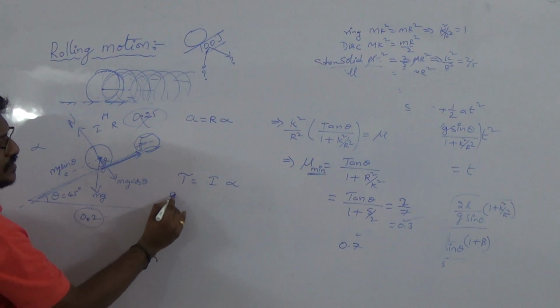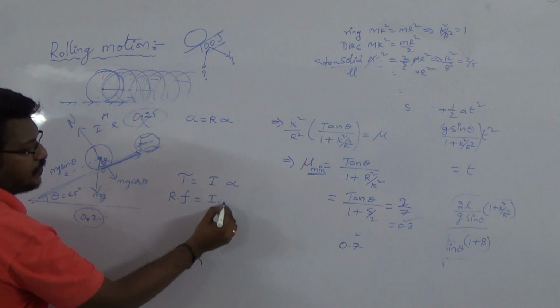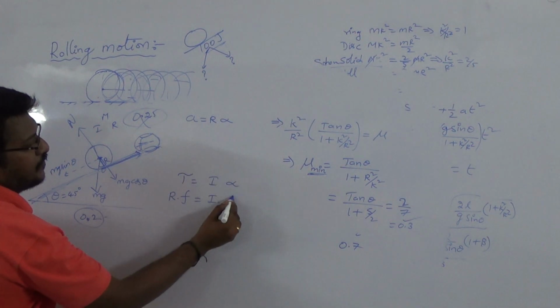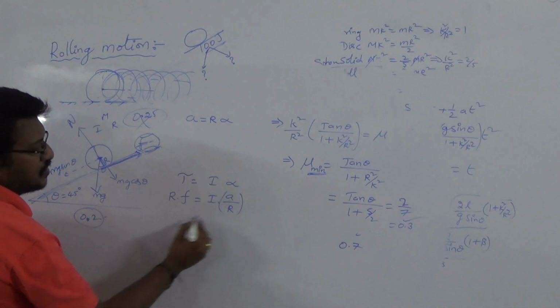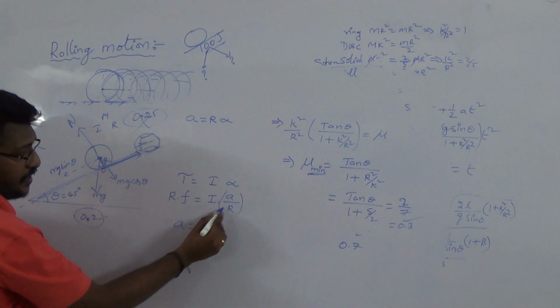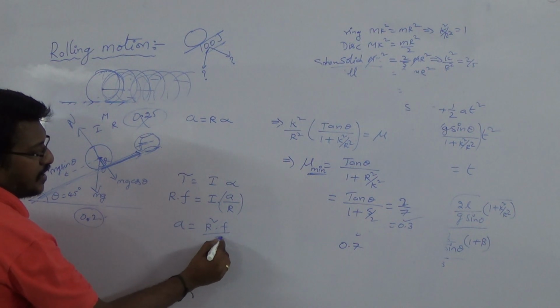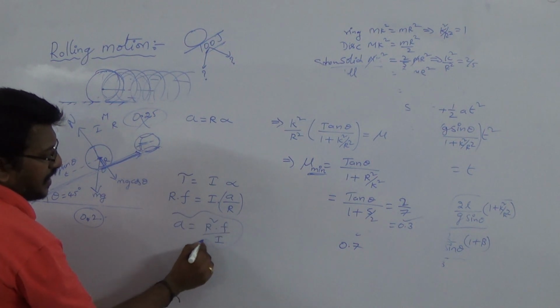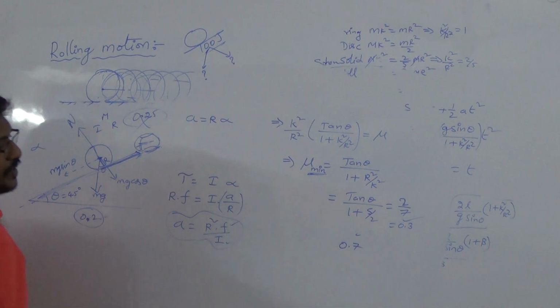Torque means R into force F, that equals I into alpha, and you can write a equal to R alpha, so alpha is a by R. So the linear acceleration in terms of friction we get a equal to R square F by I. That is the linear acceleration in terms of friction force and moment of inertia.